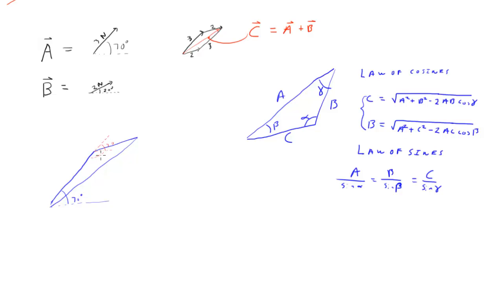So right here, we have 180 minus 70. We also know that this angle right here is 20. So if we go back now, and I'm going to erase that. Now that you see that, we get that it'd be 180 minus 70 plus 20.